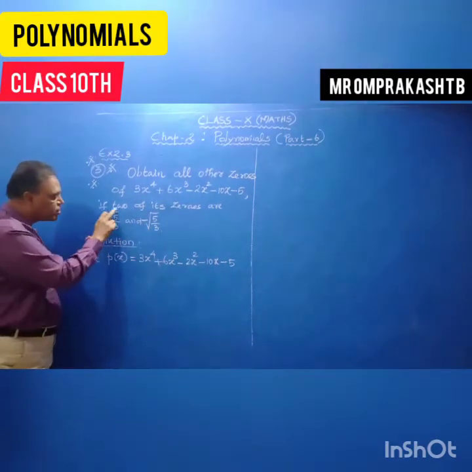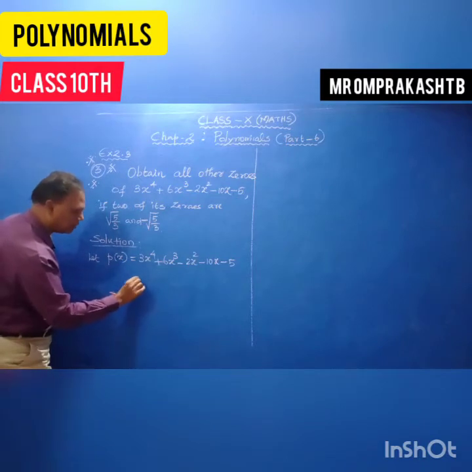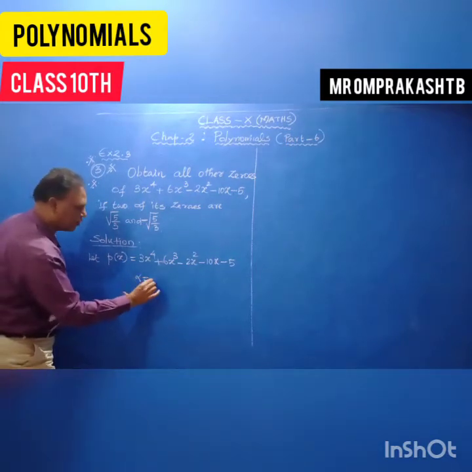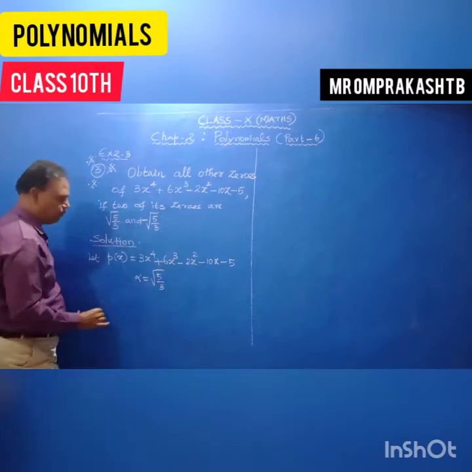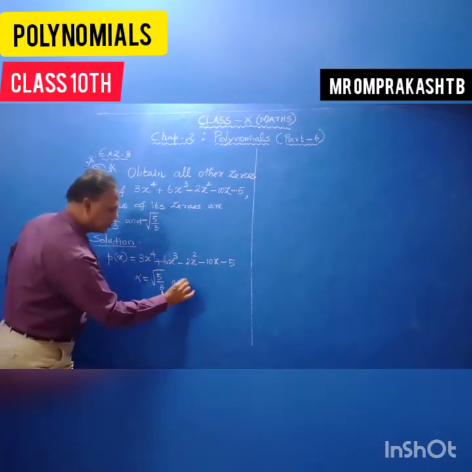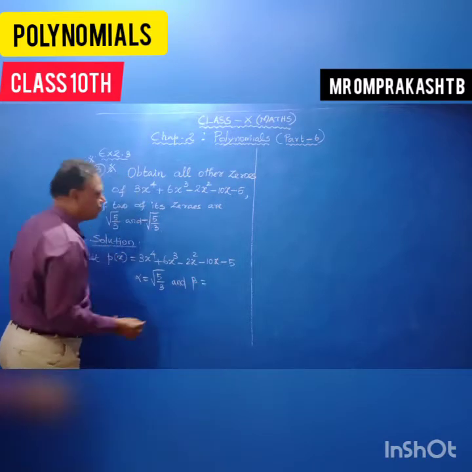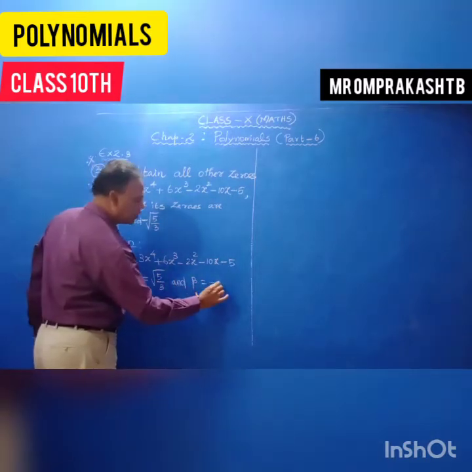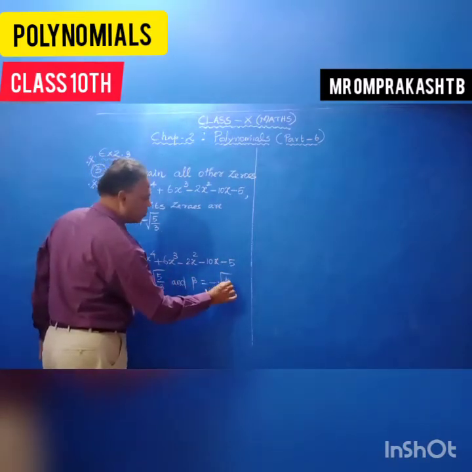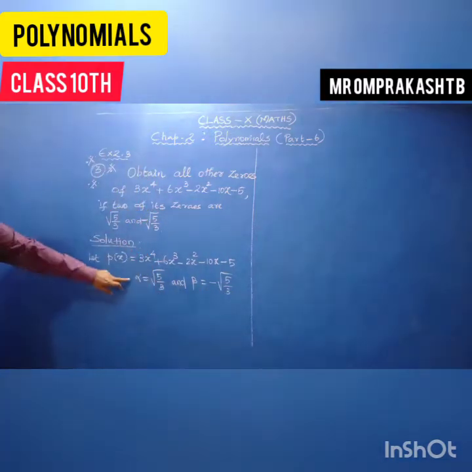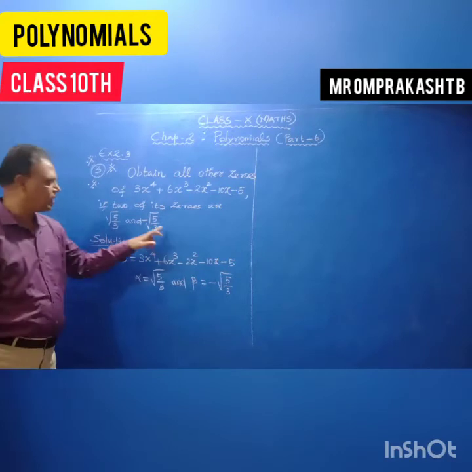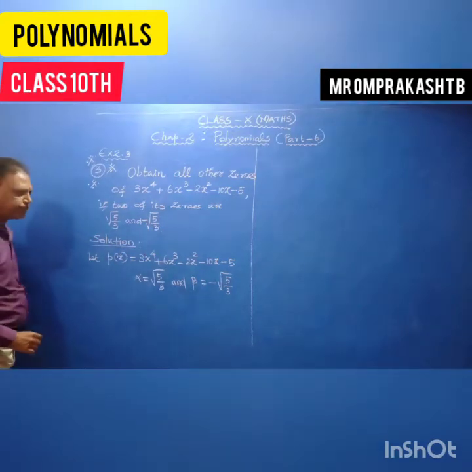So you take one zero as alpha, alpha equal to root over 5 by 3, and another zero as beta, beta is minus root over 5 by 3. Alpha is given, and beta is also given.